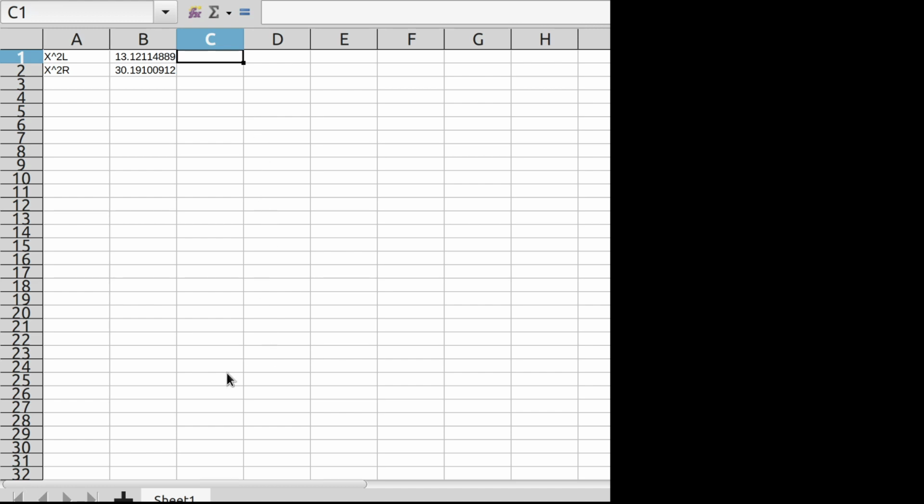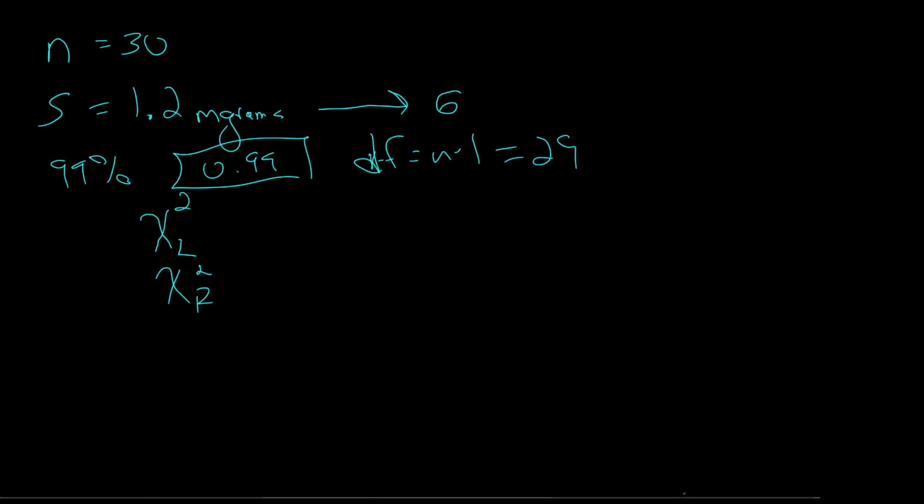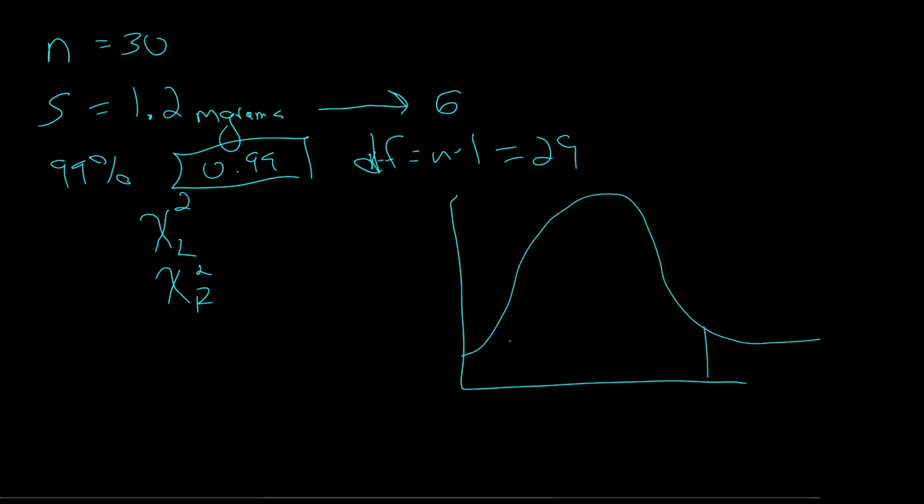Let me show you that, because this is something I have to double check all the time. If I want my confidence interval on chi-squared to be 99%, so 0.99 is in the middle, then 0.005 is here and 0.005 is here.